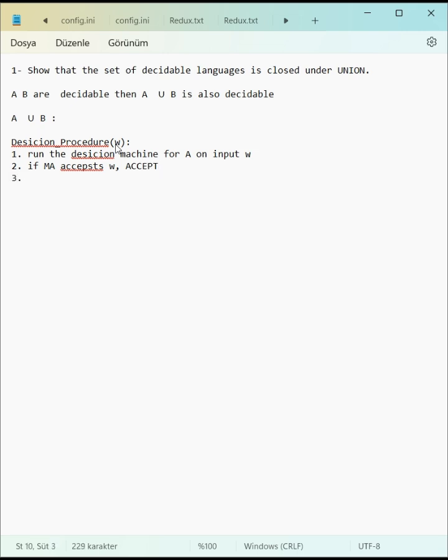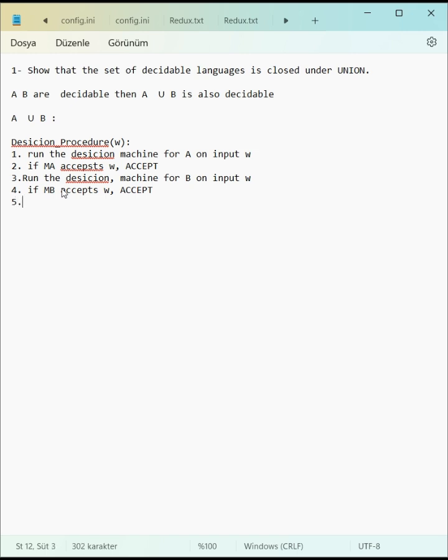Third, run the decision machine for B on input w. Fourth, if MB accepts w, accept.